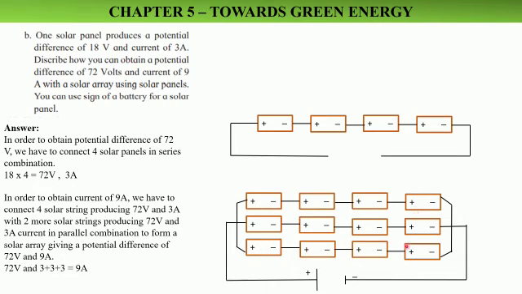So now this has resulted in the formation of a solar array, and now the potential difference will be 72 volts and current will be 9 amperes, because when the panels are connected in parallel combination, the current gets added up. The total current in the circuit will be added up. So in one string it is 3 amperes. So 3 plus 3 plus 3 gives us 9 amperes. So this is the solution to the numerical that they have asked here.